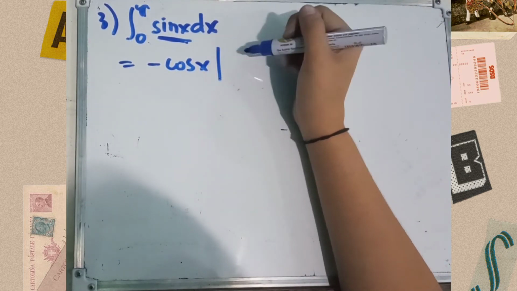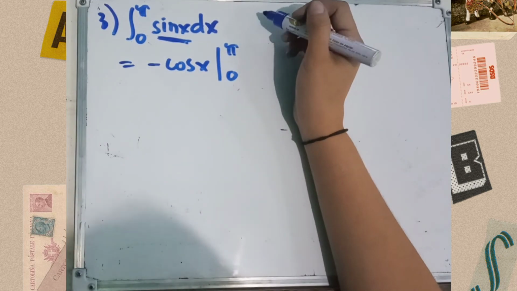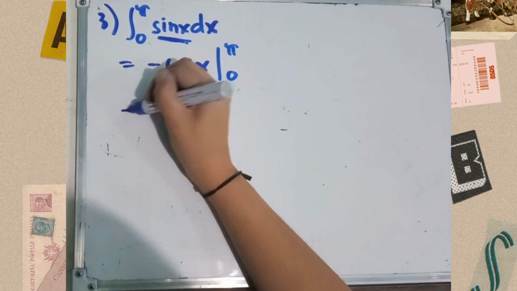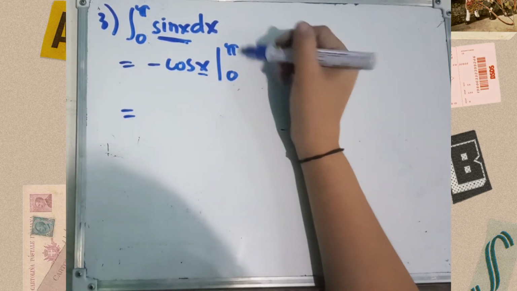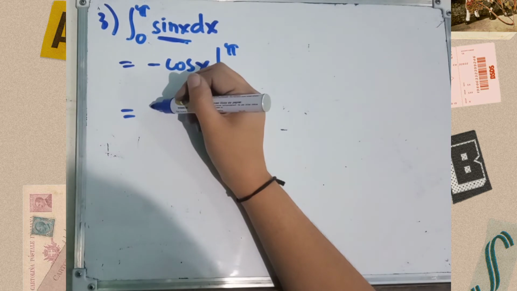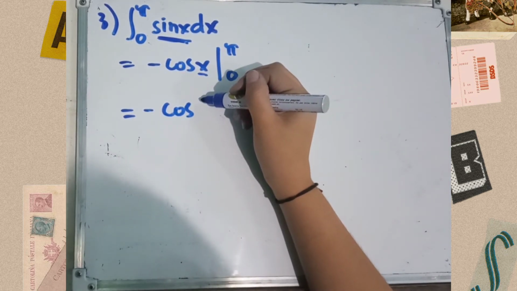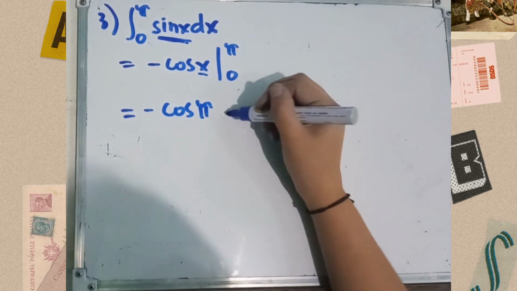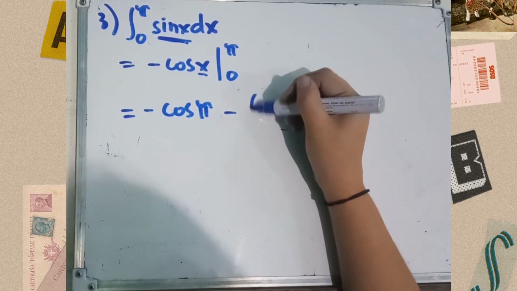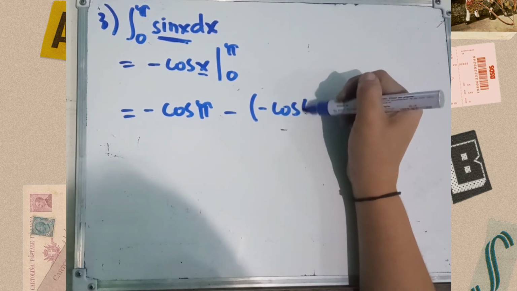Now evaluating from the given limits 0 to pi, simply substitute the value of x by pi and 0. So that's negative cosine pi, minus negative cosine 0.